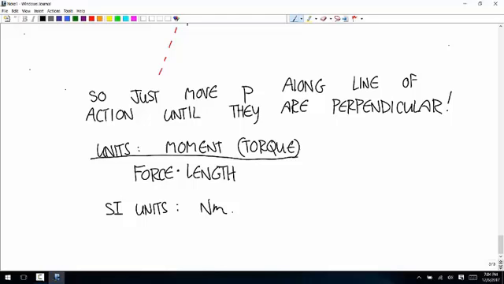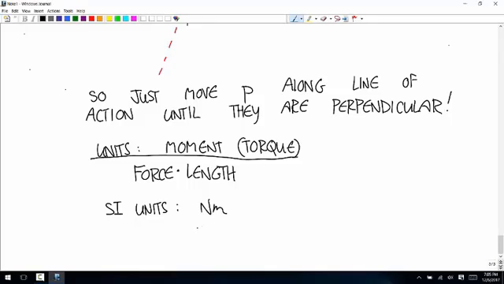We've actually seen a quantity that was newtons times meters before. Do you remember what we used that for? Yeah, right. Any kind of energy. So any kind of energy has units of newtons times meters. With energy, though, we call a newton times a meter a joule.